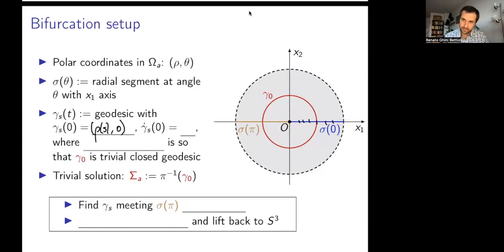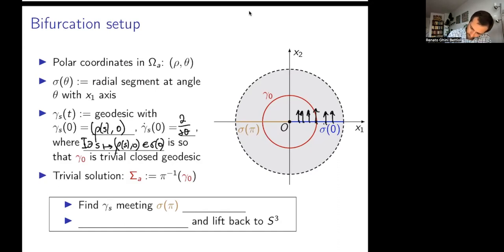Rho(s) parameterizes sigma 0, let's say in this way, right? So the map that sends s to rho(s, 0) in sigma 0 is so that gamma 0 is the trivial closed geodesic. And the starting velocity here will always be d/dθ. Okay, so we always shoot the geodesic up with vector d/dθ.